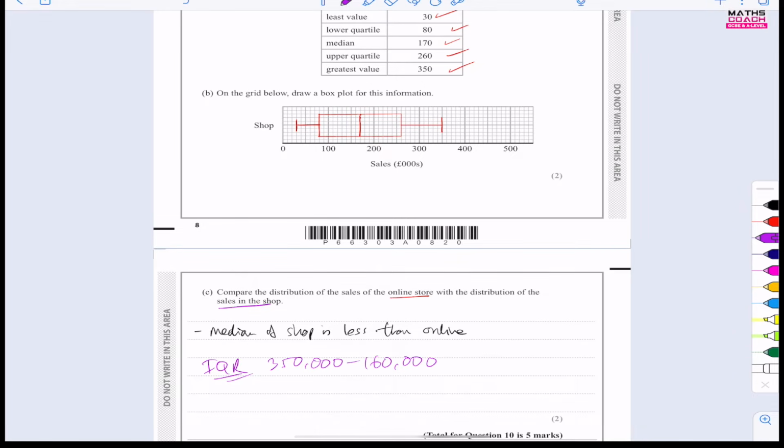That's for the online shop. And that is 190,000, the interquartile range. And for the shop, it is 260,000 minus 80,000. And that is 180,000. So this is the online, and this is your shop.